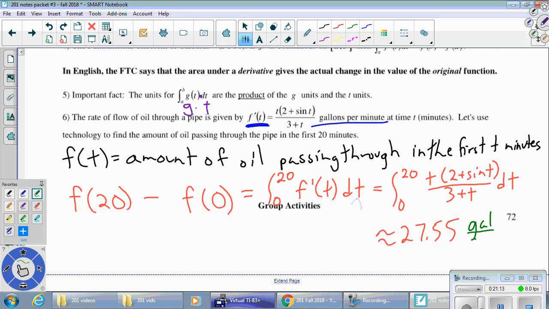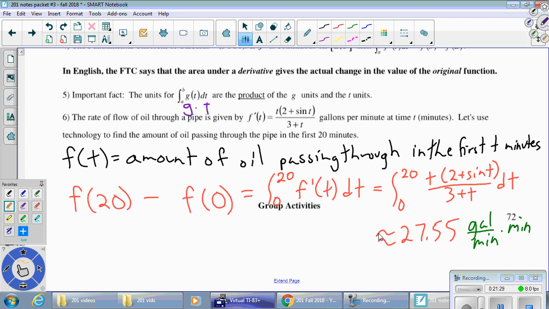Gallons per minute, times the units for t, which in this case are minutes. Gallons per minute times minutes just gives gallons, which is exactly what we wanted. 27.55 gallons is what has passed through in the first 20 minutes. That's using the fact that F of 0 is 0.